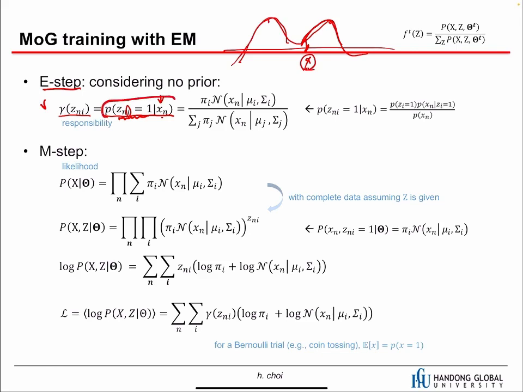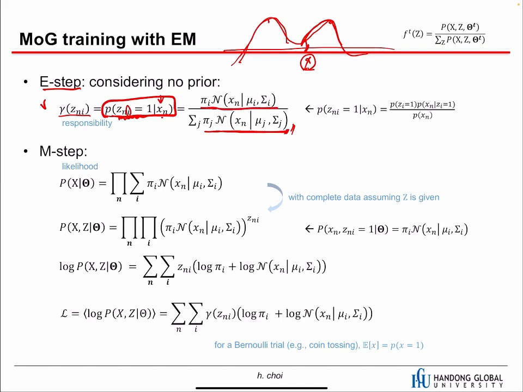And this responsibility can be obtained by this one. So look at this one. This one is actually a part of this summation, and we sum up all these probabilities, and that is the denominator, and this one is the numerator.